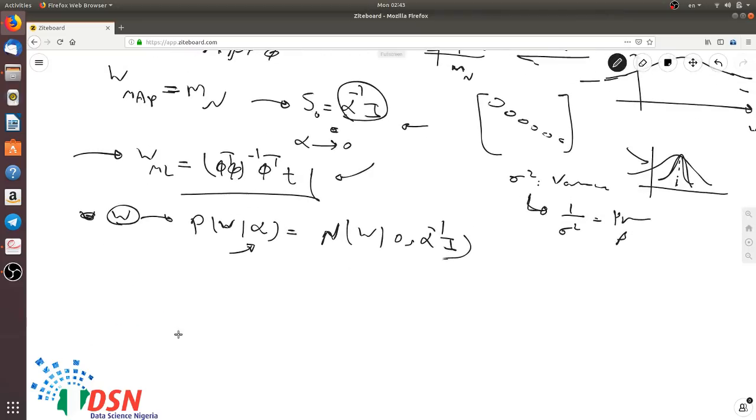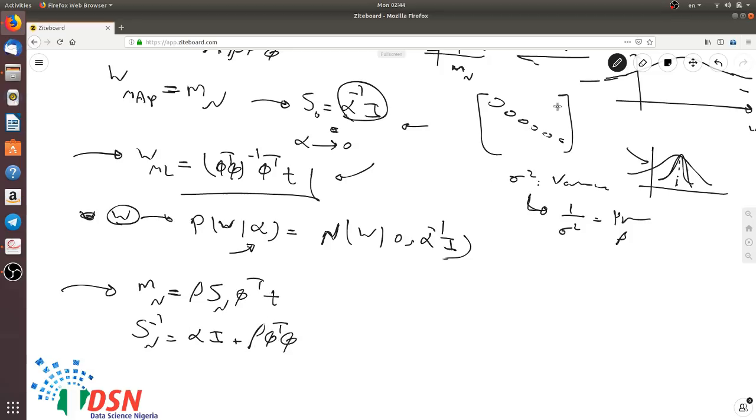So, okay. Now, in this case, if we calculate, mn is this, and Sn inverse is beta phi transpose phi plus alpha identity.